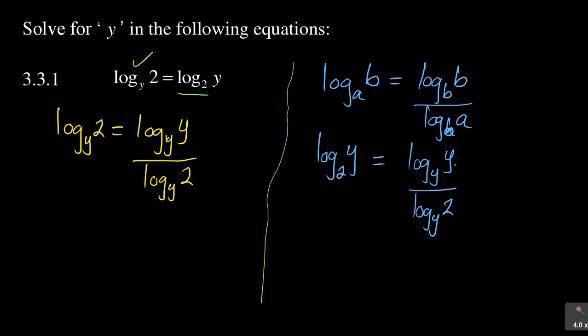And remember, if you have a base and a number the same, this equates to 1. So it will continue to become, just to make sure that everything is in fractions, log base y of 2 over 1 is equal to 1 over log base y of 2.